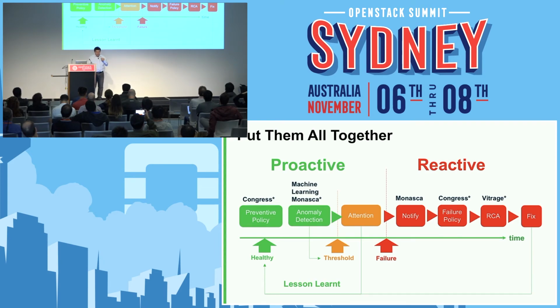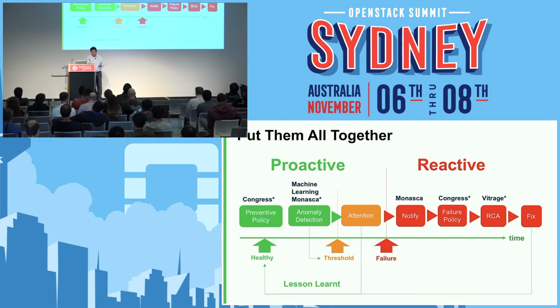Then from time to time, you collect the data with Monasca, do anomaly detection, and set up a reasonable threshold for each individual component that you want to monitor. When those components get above those thresholds, you get your attention and try to fix the problem before your customers notice it.